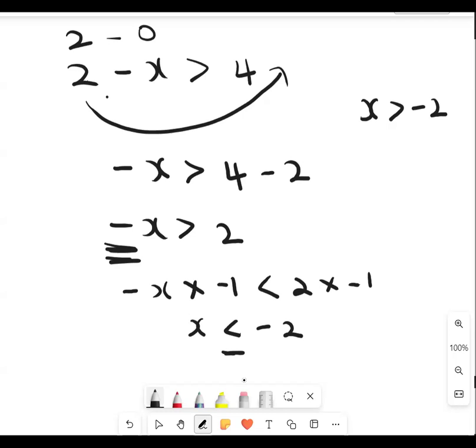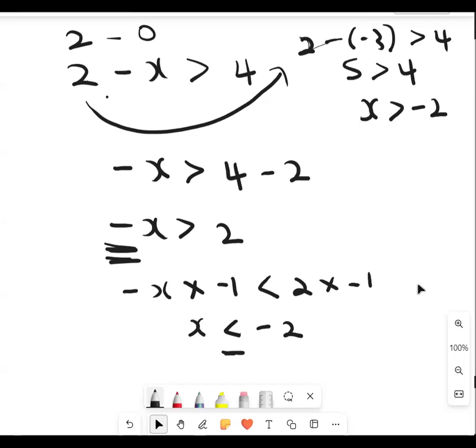You will have 2 minus minus 3, that will be 5, and that is greater than 4. You see why you have to turn around the inequality sign? That's all there is to it.